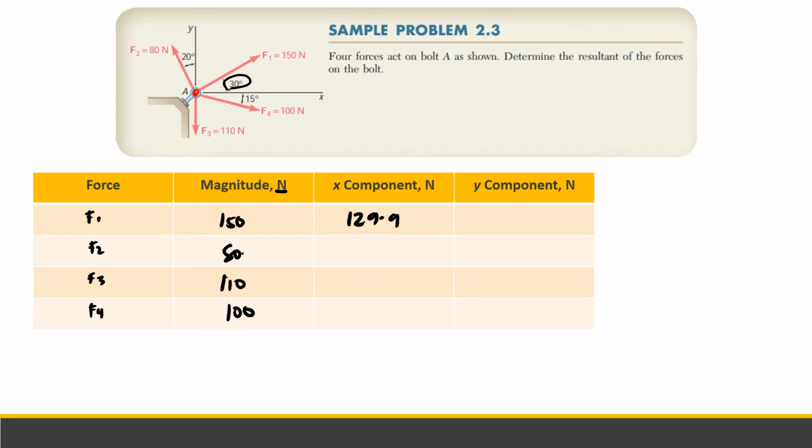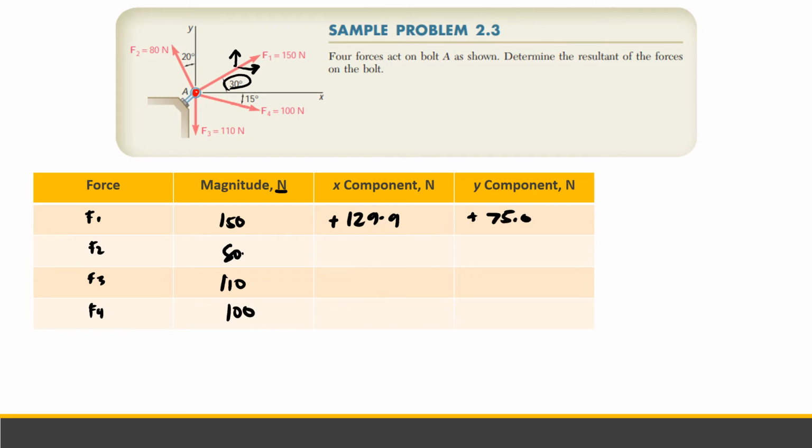This is the Y component and this is the X component. Adjacent to the angle is X, so cosine 30 for the X component, and the Y component is opposite to the angle, so that is sine. So 150 sine 30 degrees is positive. We have to indicate the sign since this is in a coordinate plane. So force 1: Y is positive and X is positive, positive 75.0 Newton.